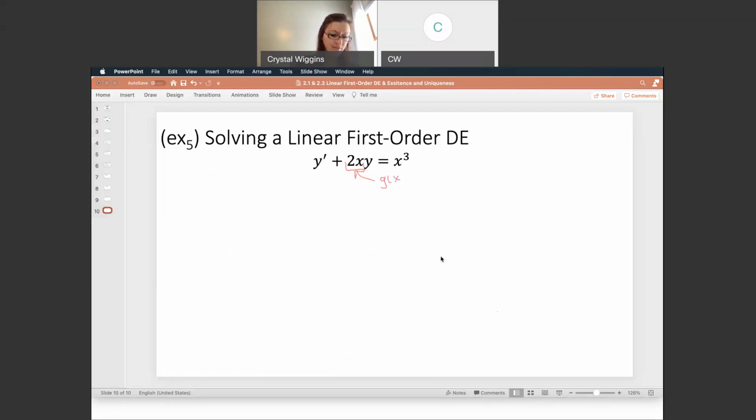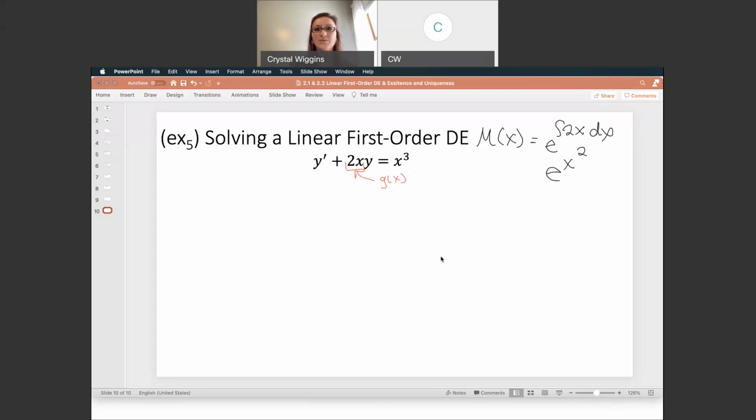We will use g of x to come up with our mu of x, our integrating factor. So mu of x is equal to e to the integral of 2x dx. The antiderivative, or the integral of 2x, is x squared. So we have e to the x squared as our integrating factor.